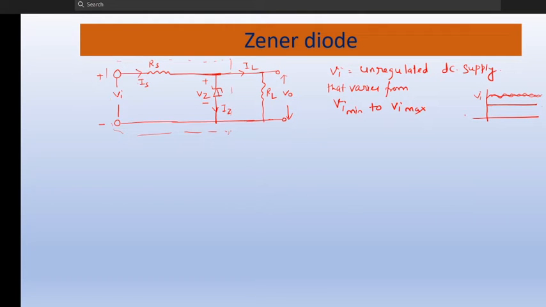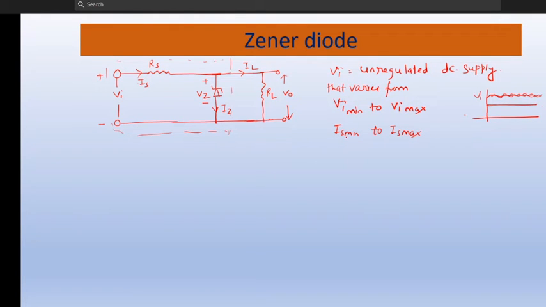So if your supply voltage is at minimum, this current will be minimum. If your supply voltage is at maximum, the current will be maximum. So accordingly, for Vi min and Vi max, I will have Is min to Is max. The supply current will also vary.